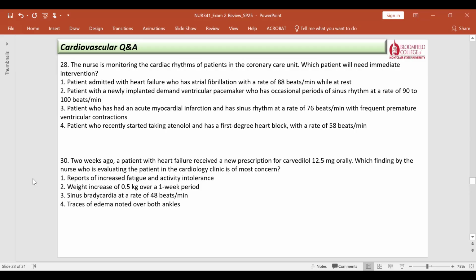Question 28. The nurse is monitoring the cardiac readings of patients in the coronary care unit. Which patient will need immediate intervention?